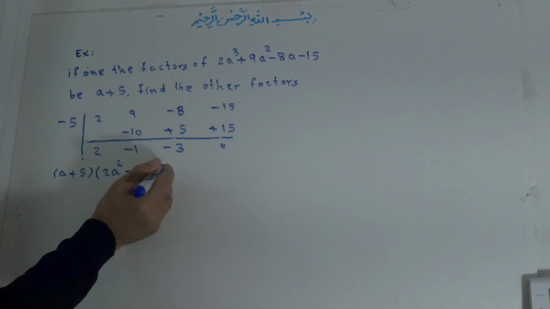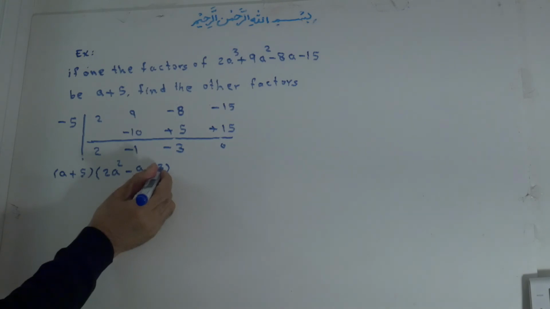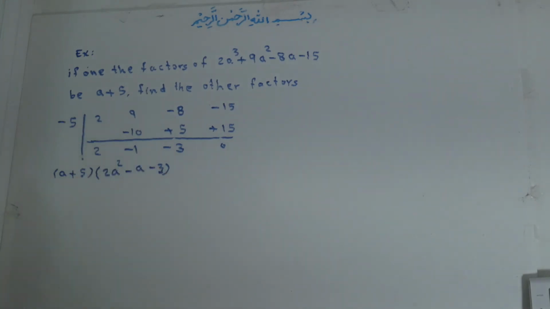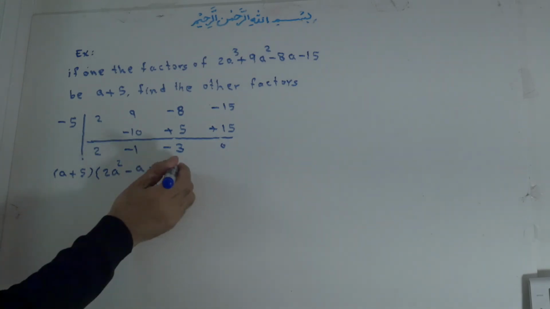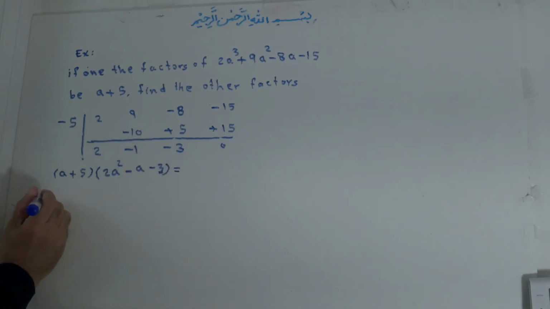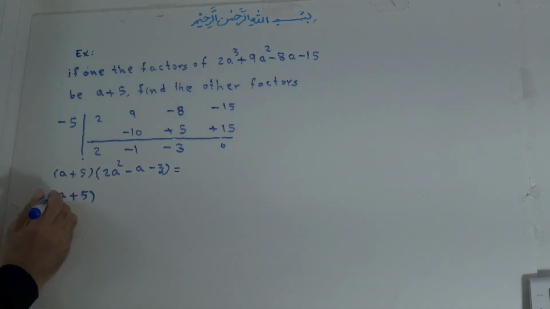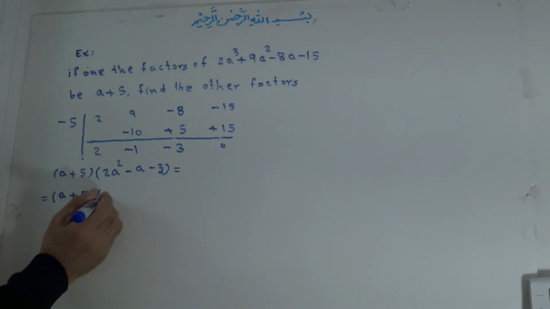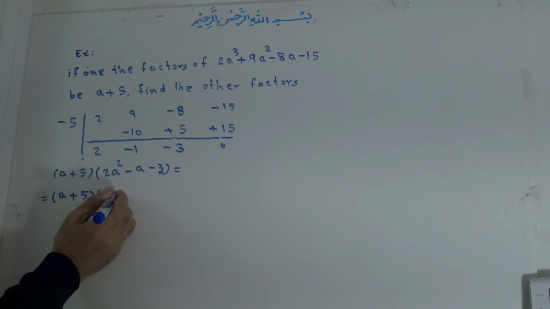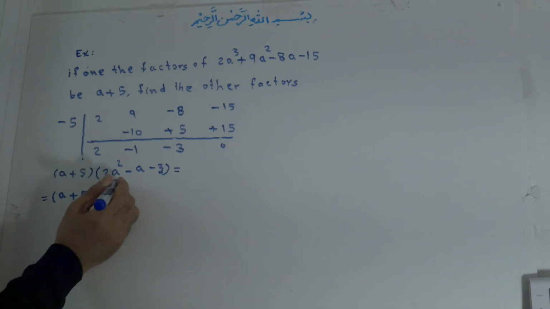Now what we do, we can factor this one as a 2 factor. We write it like this, is equal to a plus 5 times, and write 2a to the power of 2 minus 3a.